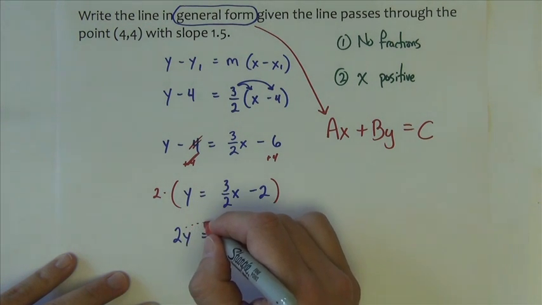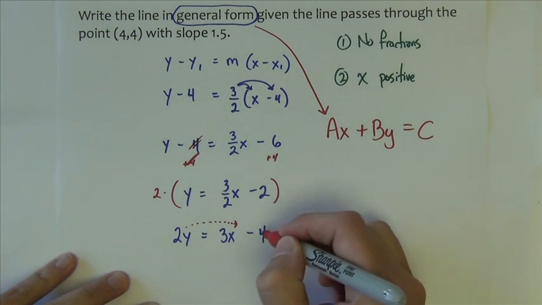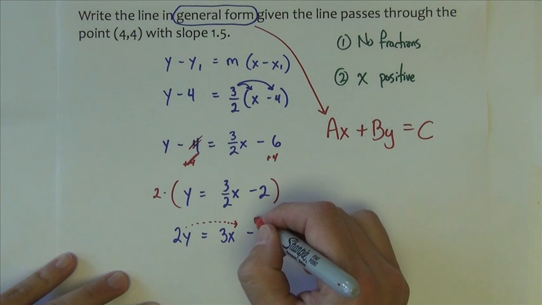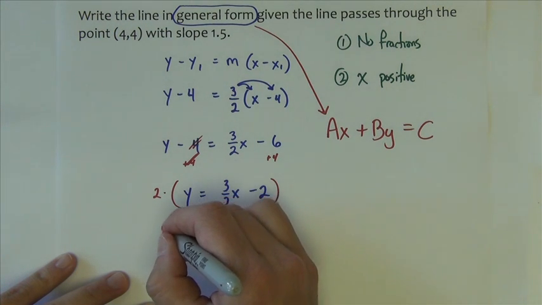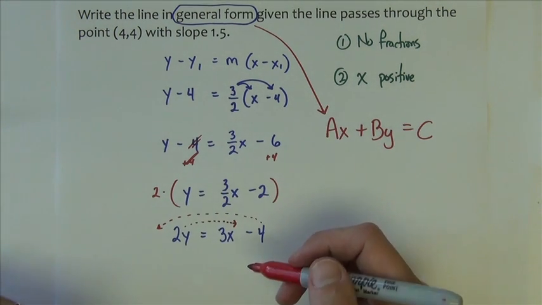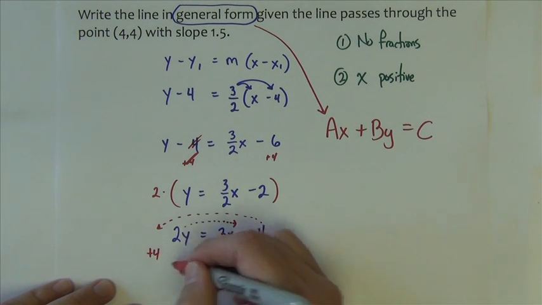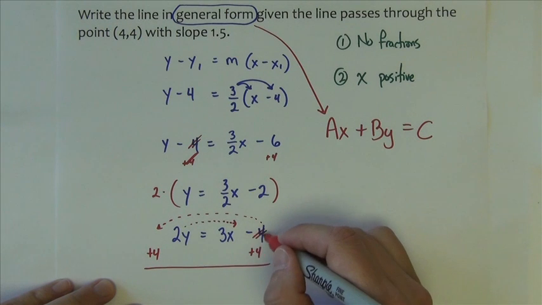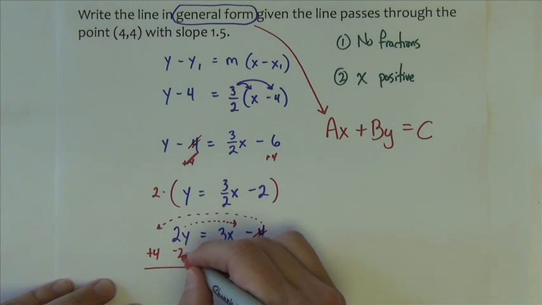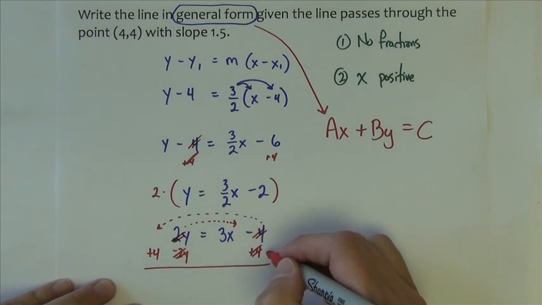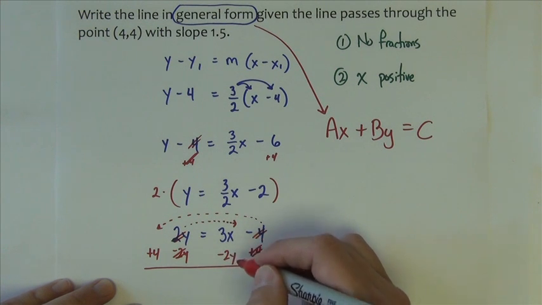I'm going to bring the 2y over here. I'm going to take this minus 4 over to this side. Okay, so that would be done by adding 4 to both sides and subtracting 2y to both sides.